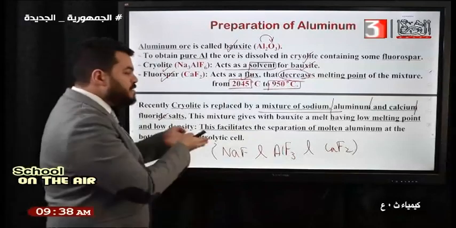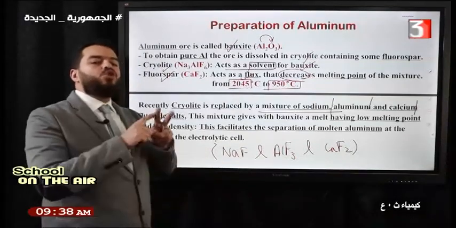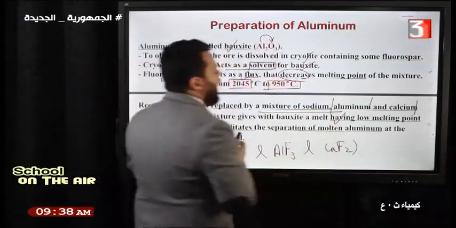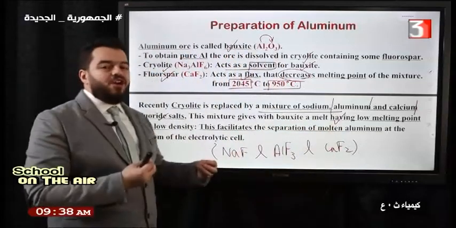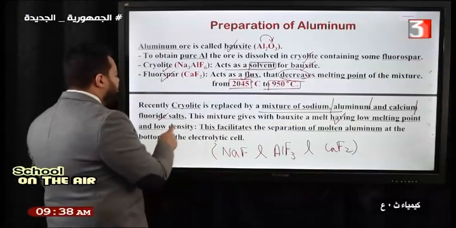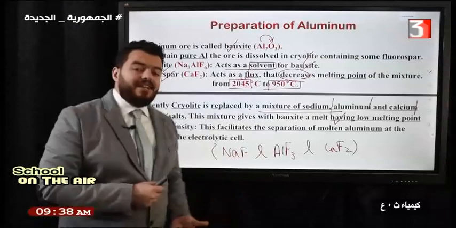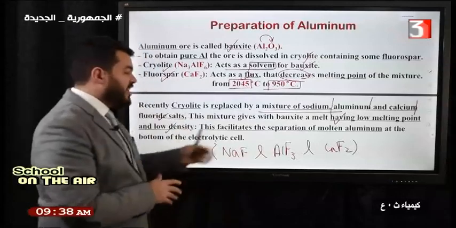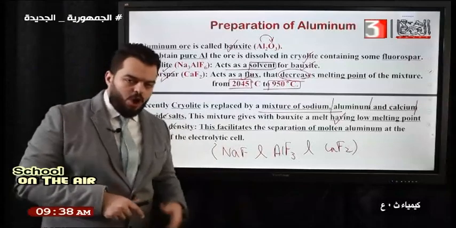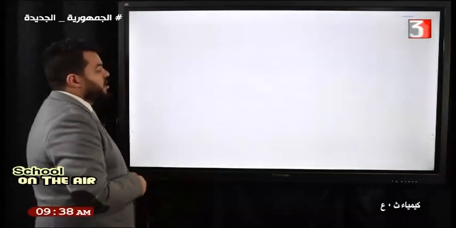Why? Because this mixture does two things. First, it has a low melting point, so it decreases the melting point. And it has a low density, so it decreases the density. And this facilitates the separation of the molten aluminium at the bottom of the cell. Okay.